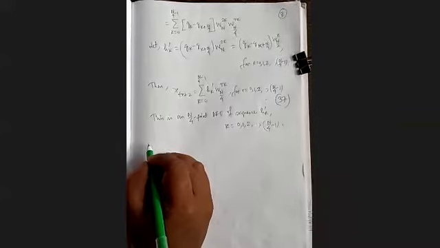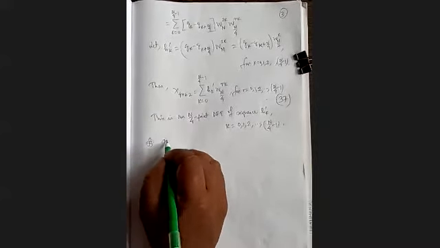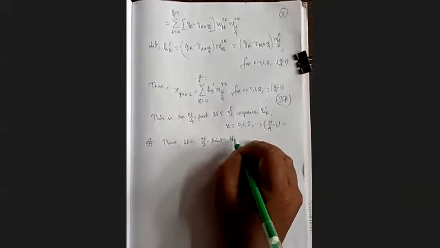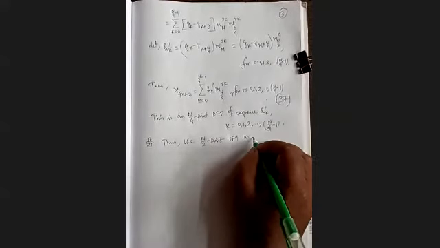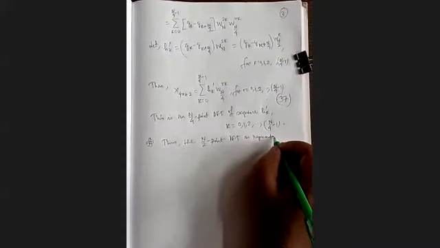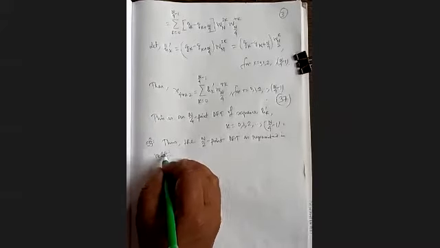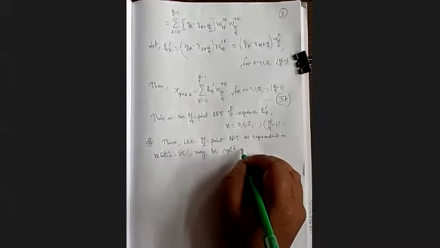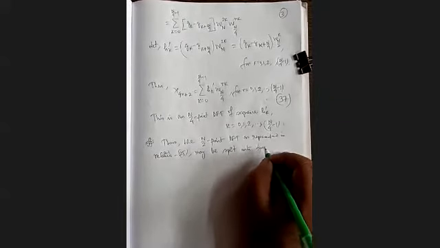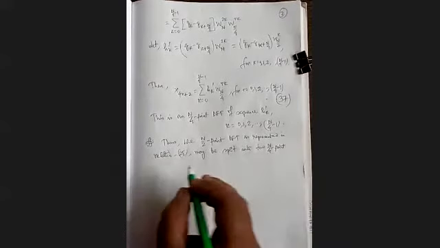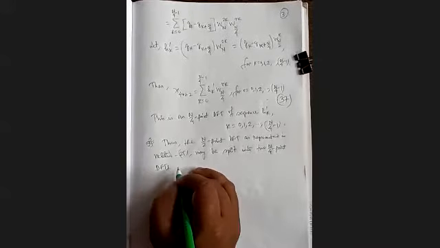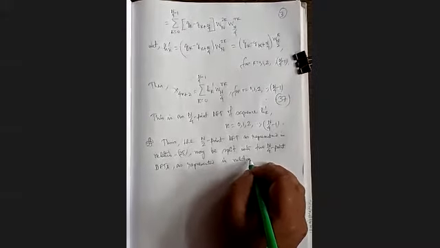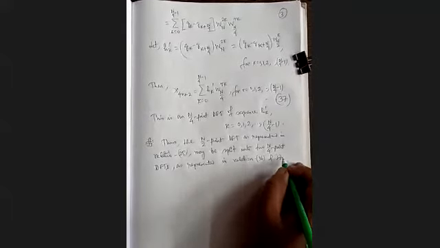So our conclusion is that the n by 2 point DFT, as represented in relation 25, may be split into two n by 4 point DFTs as represented in relation 36 and 37.